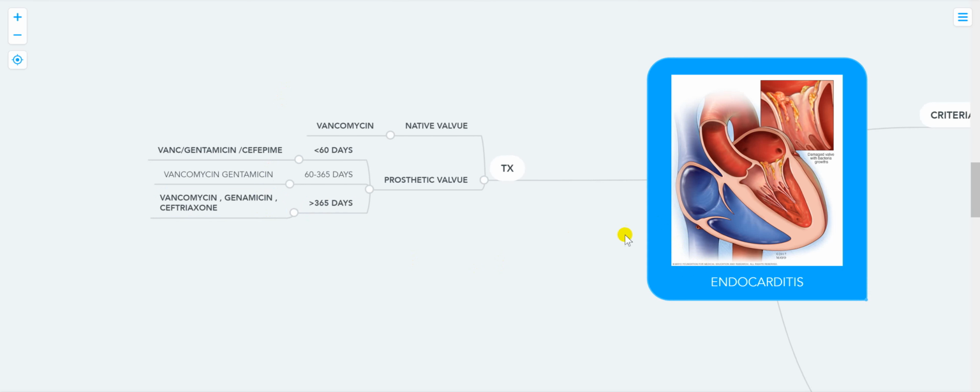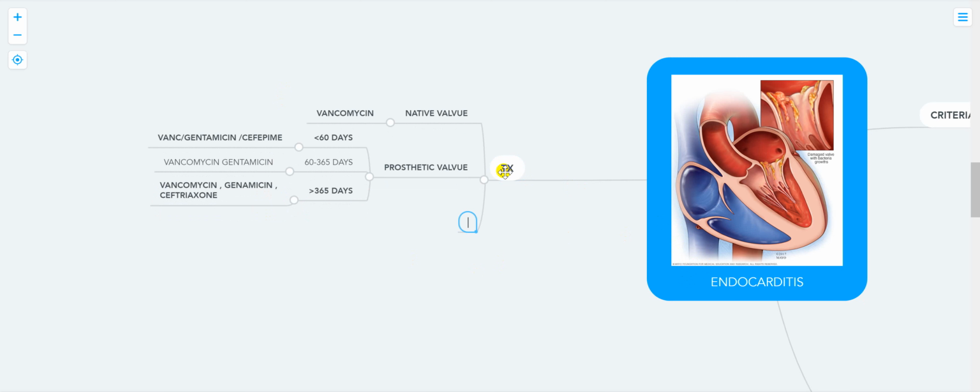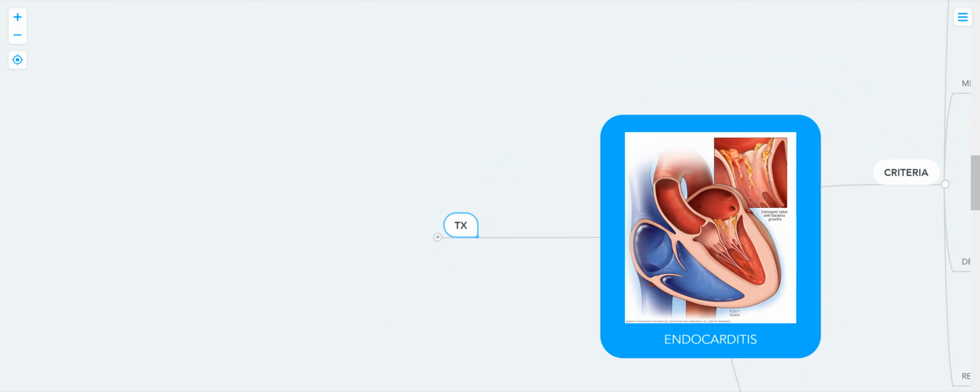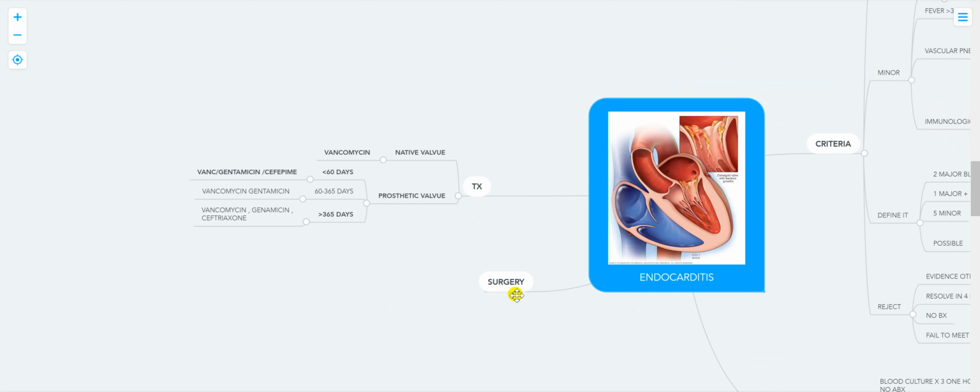This is the treatment. When do you go for surgery? You go for surgery if the vegetation is more than 15 mm without embolization. Okay, this is important.